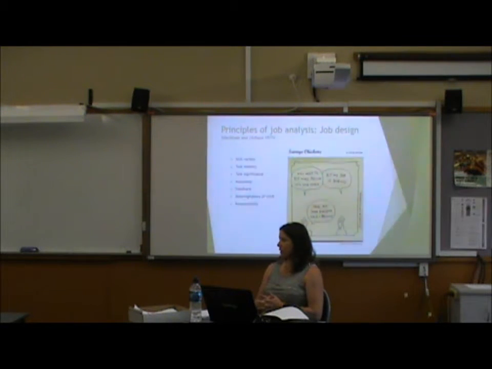So, key areas here, skill variety. Generally we're motivated in jobs where we have the opportunity to practice a variety of different skills, not just one. So, telling a rotten cherry from a not rotten cherry, there's not a lot of skill variety in that particular task.